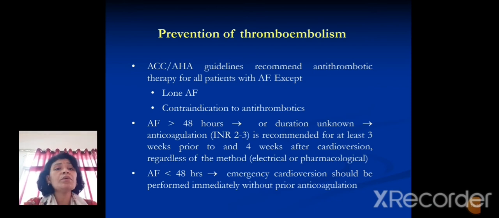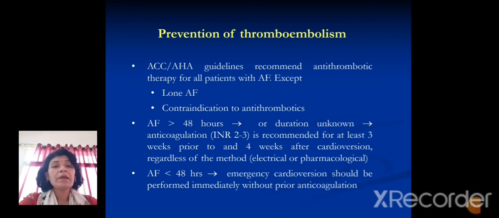So only in two settings: when there is lone AF, that is no structural heart disease, and when there is contraindication to antithrombotics. Except for these two conditions, in all the other patients with atrial fibrillation, we have to use antithrombotic therapy.